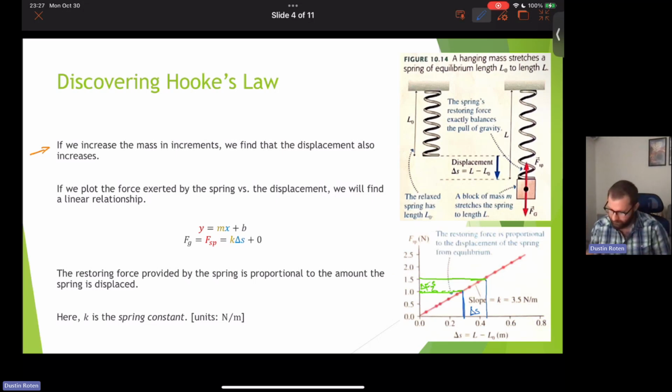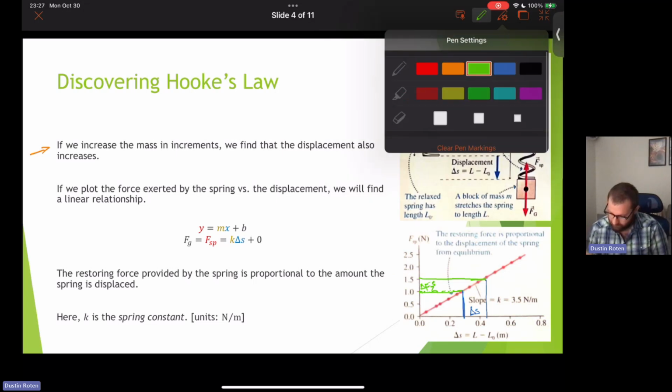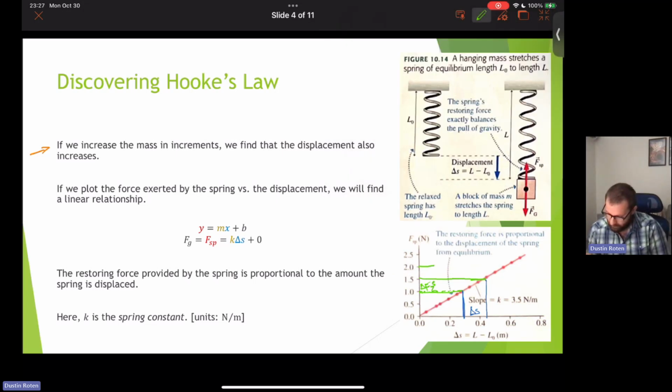If we keep doing that several more times, adding some more mass, and plot the amount of mass we add to the spring against how much the spring is displaced, it turns out this is actually a linear relationship. You just have to plot these points, and you can see experimentally that you have this relationship.